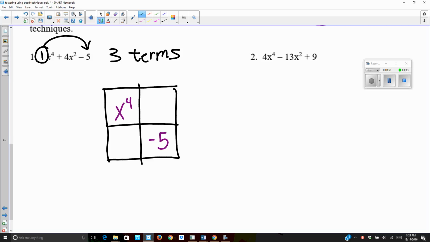We're looking for 2 numbers that multiply together to give us -5 and add together to give us that middle number, +4. So there's only 2 numbers that will multiply together to give you 5, and it's 1 and 5. You just have to make sure you get the signs correct. 1 times -5 gives you -5, and, well, I think I've got my signs backwards.